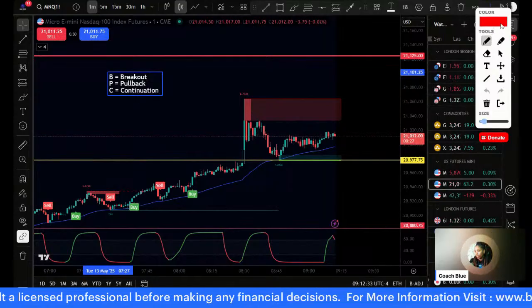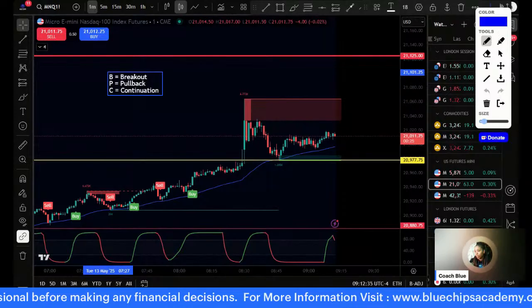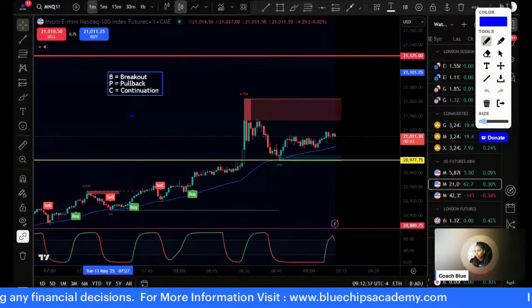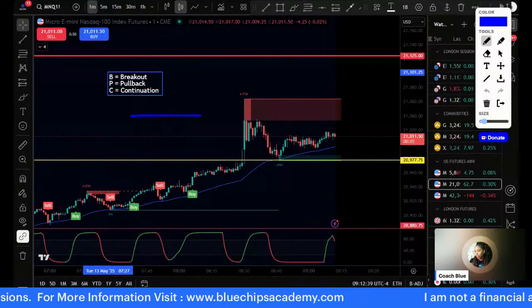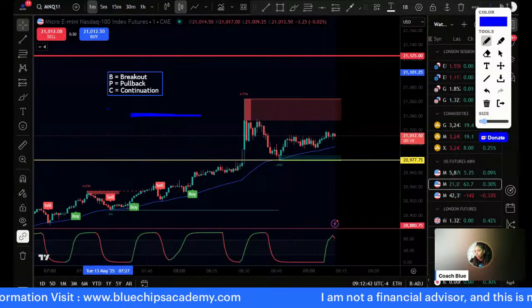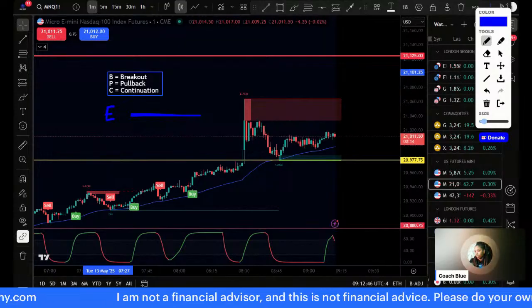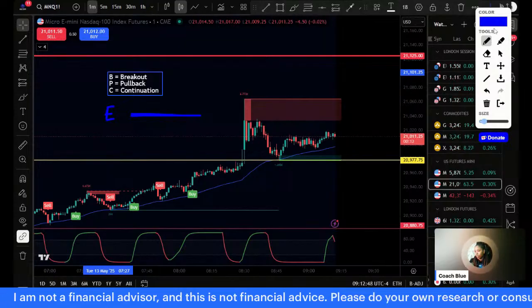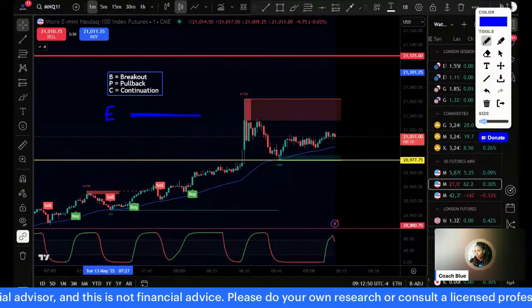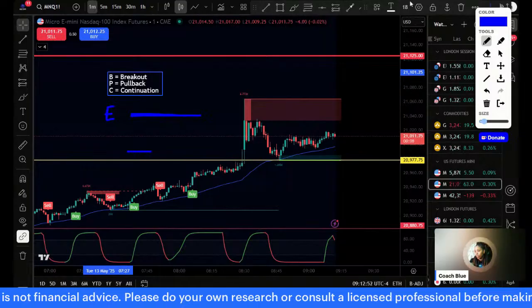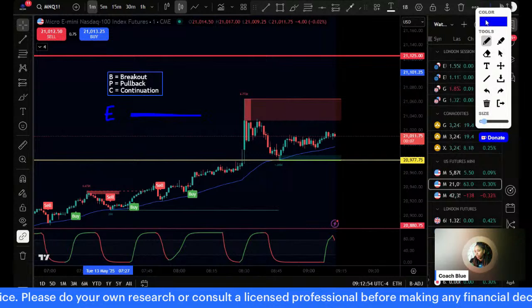So we'll use blue as our entry line. I'm using this as an example. Okay. So this is our entry line. Okay. So let's say we're entering a buy. Here's our entry line. Okay. And then we'll use red for our stop loss. Hold on, let's go back. Let's make this red.